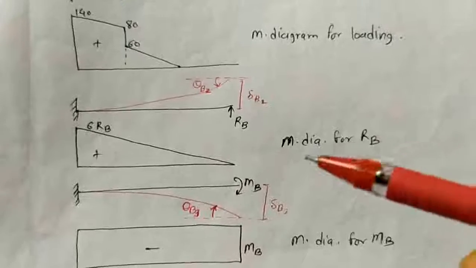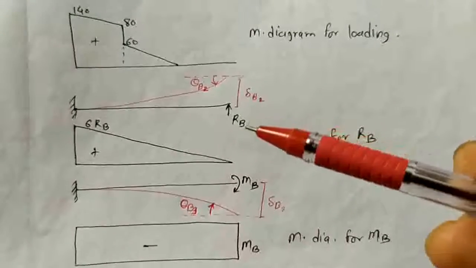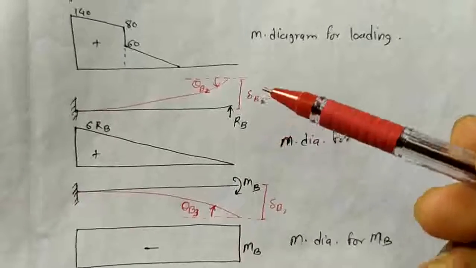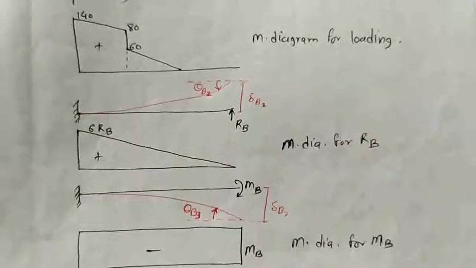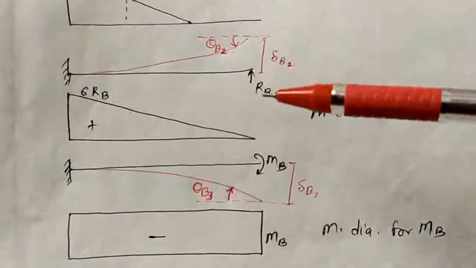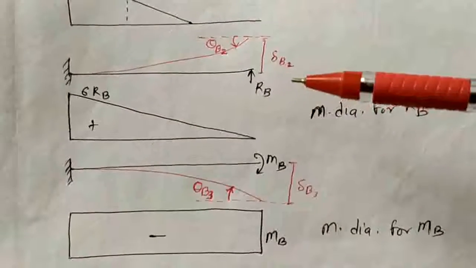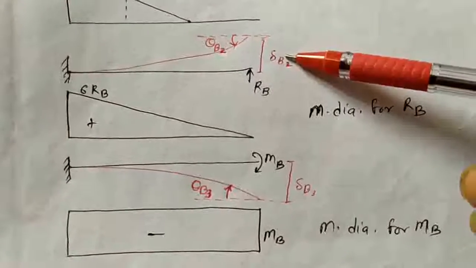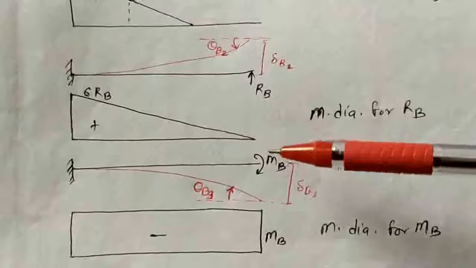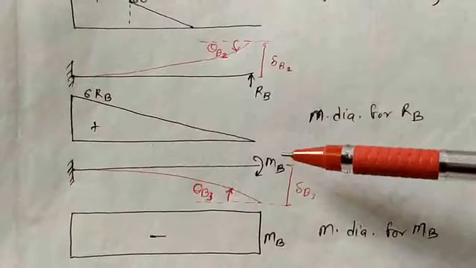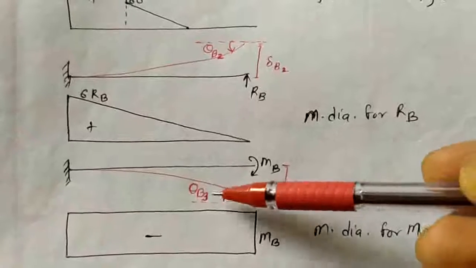Now while applying the unknown, always consider that because of force, the governing deformation is the displacement, and because of the application of a moment, the governing deformation is the rotation.